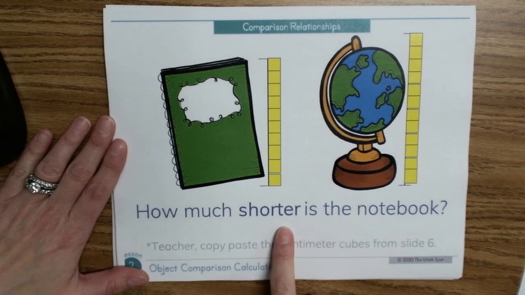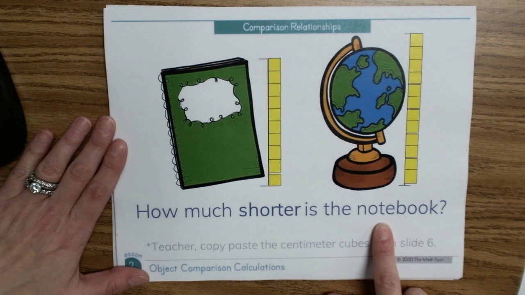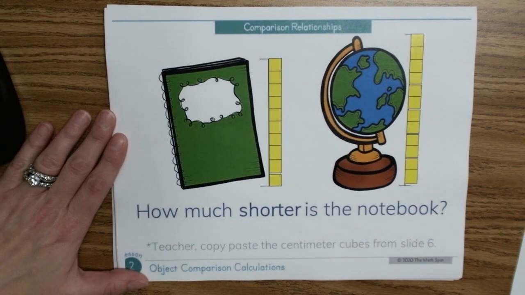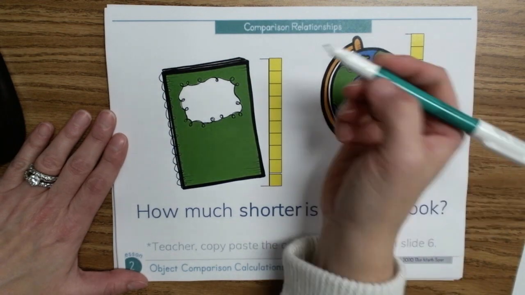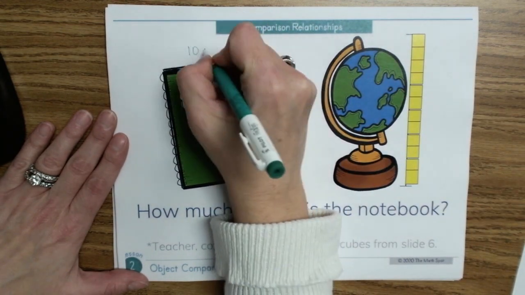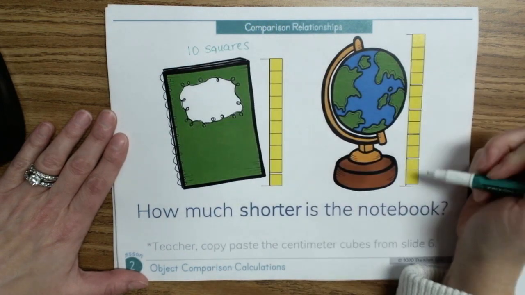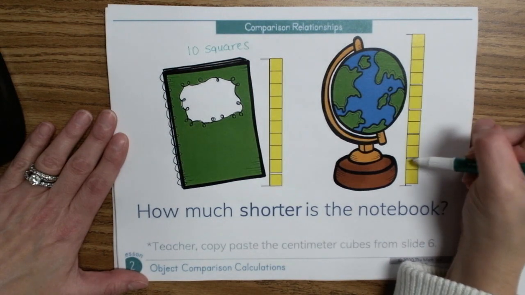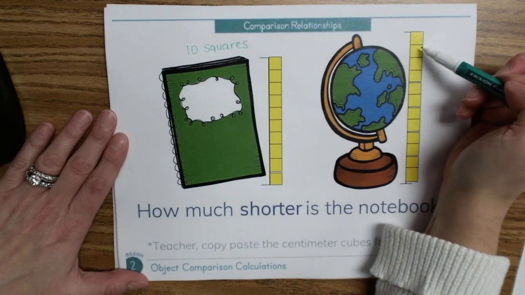How much shorter is the notebook? Oh, so they're wanting to know how much shorter he is. Okay, well, we can do that. So when we go back, we know that our notebook is 10 squares. And let's figure out how much our globe is. 1, 2, 3, 4, 5, 6, 7, 8, 9, 10, 11, 12.